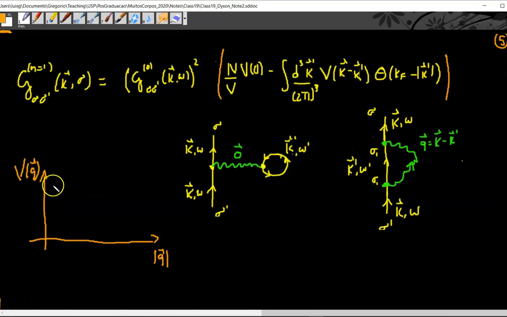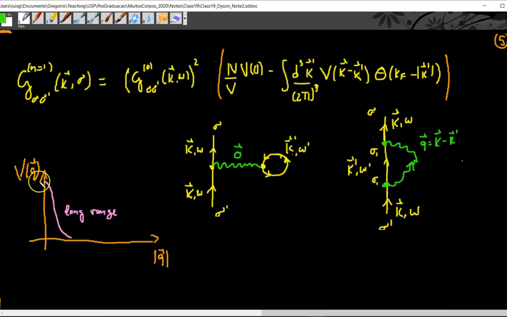So if our potential has very long range, I would expect this to decay fast, right? So this is long range. So it means that it will decay slowly in real space, but decay fast in momentum space, right? It's just a Fourier transform.